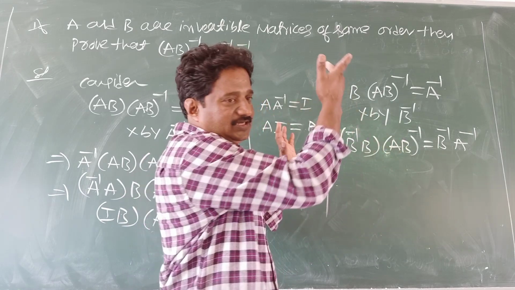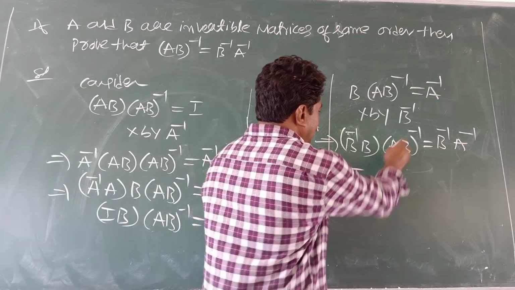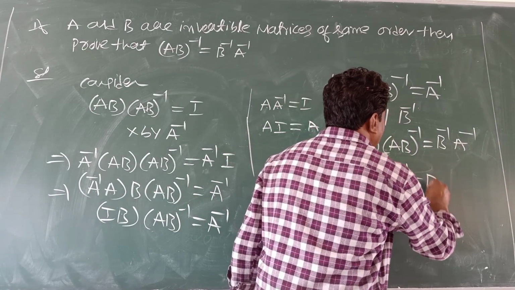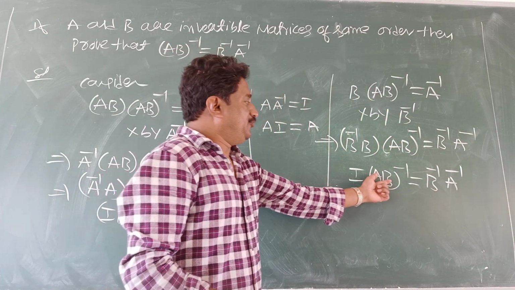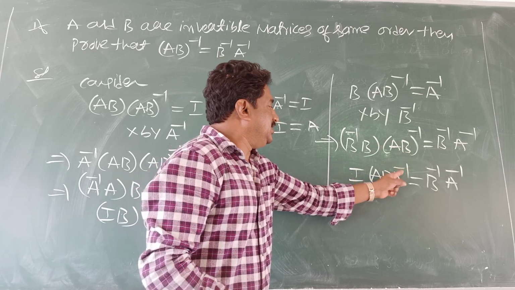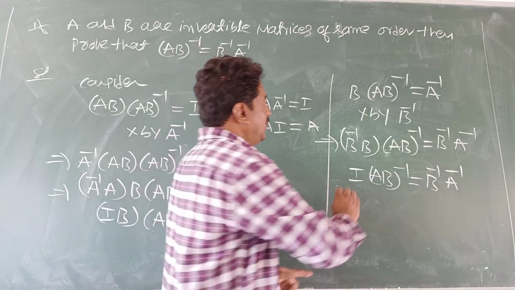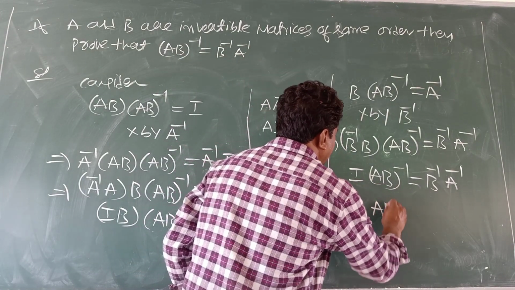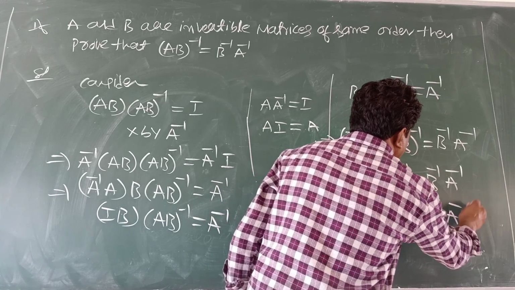Because I will get the answer. How much is B into B inverse? I into (AB) inverse is equal to B inverse into A inverse. If I multiply any matrix with I, it should be equal to the matrix only. According to this, that implies (AB) inverse is equal to B inverse A inverse.